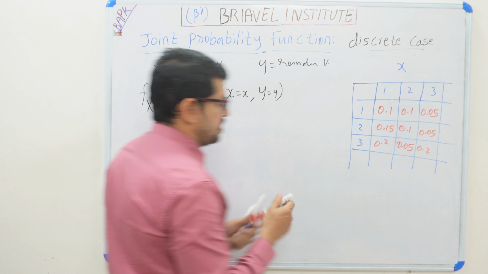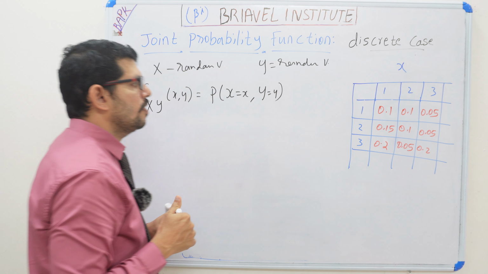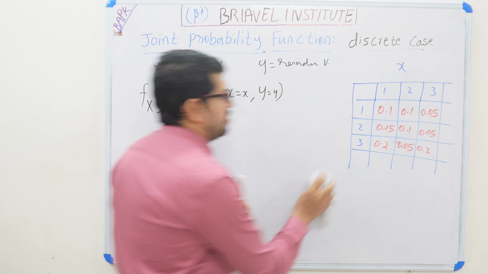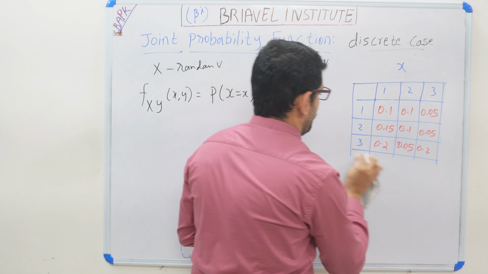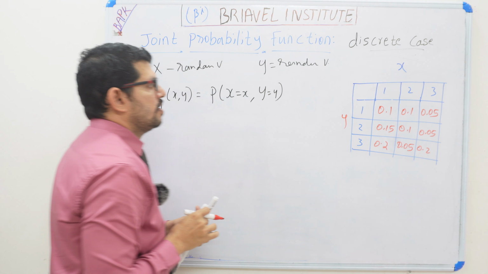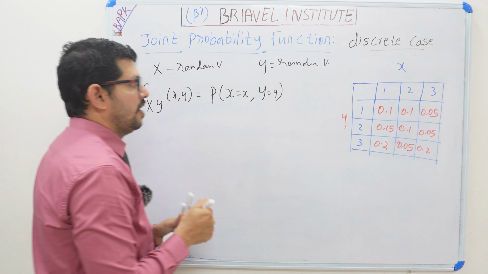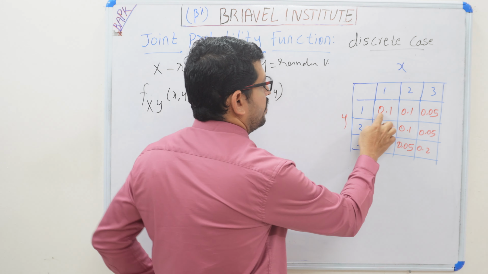So these are the chances. So this is 0.2. Now you see the graph is like that. We have 3 values for the random variables x and y. There is a chance of y being 1 and x being 1. What is the probability? It is 0.1.